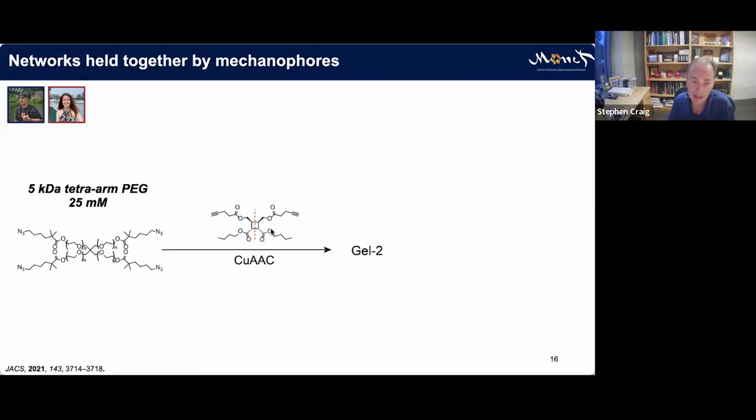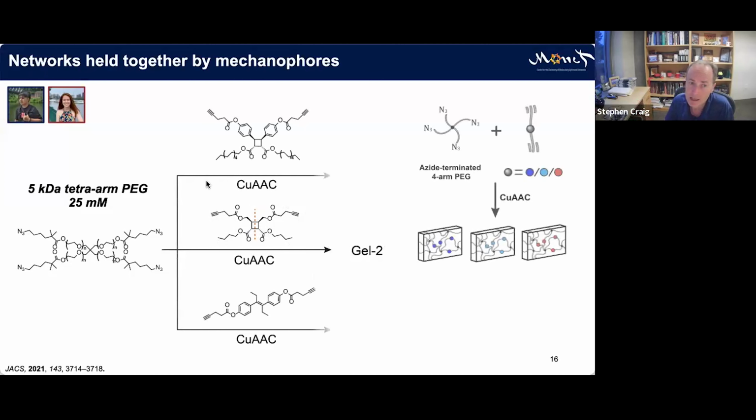And then Xu and Haley did this exact same process to make gels, but did it now with two other end linkers, one with the even more reactive diaryl cyclobutane, and then a control that has no cyclobutane or in fact any other especially reactive group built into it.